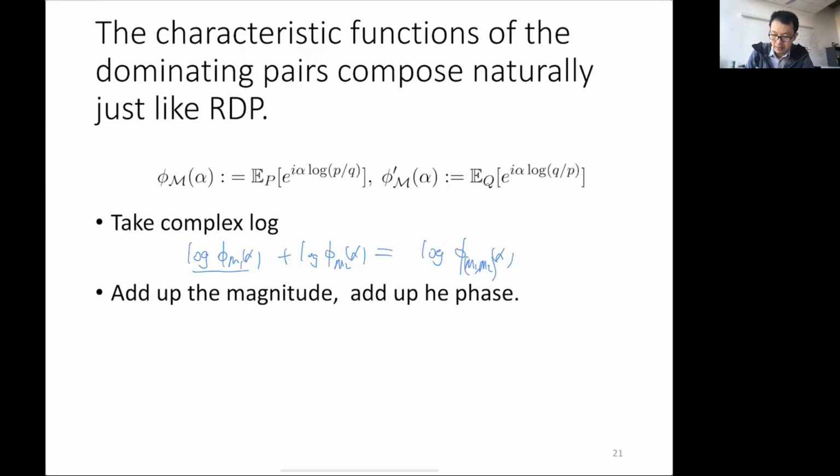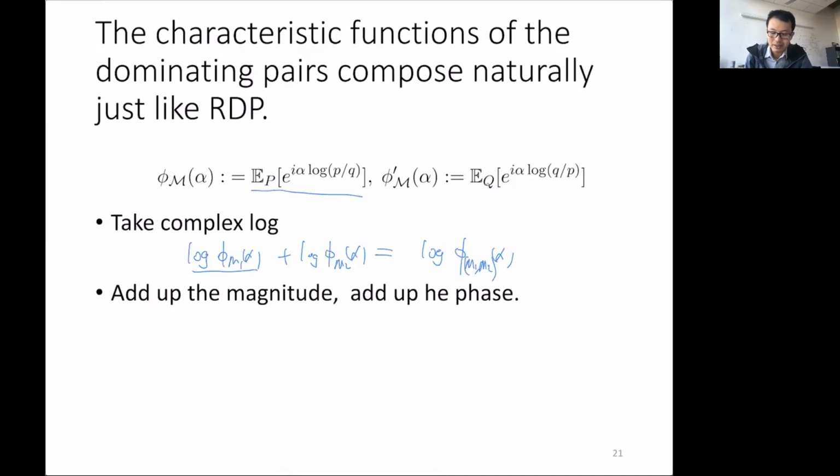It's relatively easy to work out, and the argument is exactly the same, using the fact that this expectation is about product distributions, about independent distributions, and since the log of the moment generating function would add up, the complex version of the moment generating function should also simply add up.